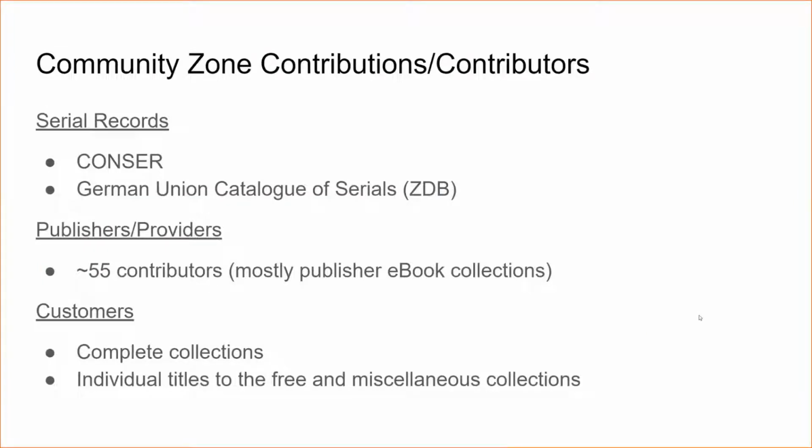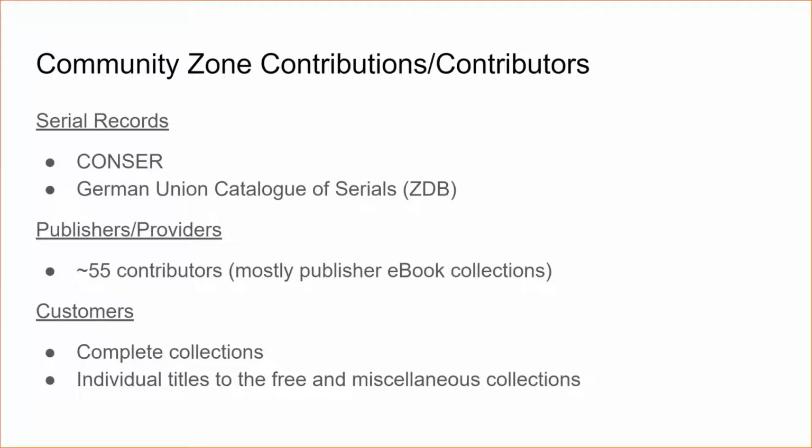So I'm going to provide a very brief overview of the contributions to the community zone, what the sources are for records. For serial records, there are two primary feeds that are used by Ex Libris. The first one is the CONSER file. CONSER is a cooperative cataloging organization of about 50 mostly North American, mostly academic libraries.